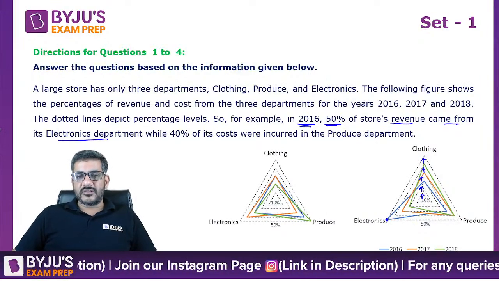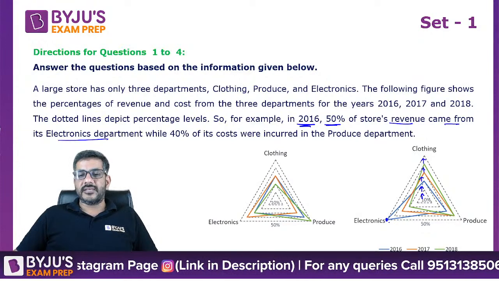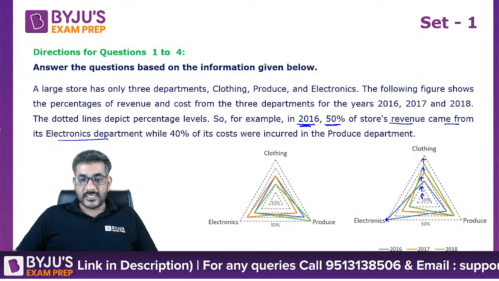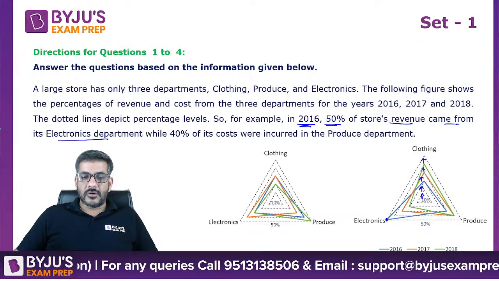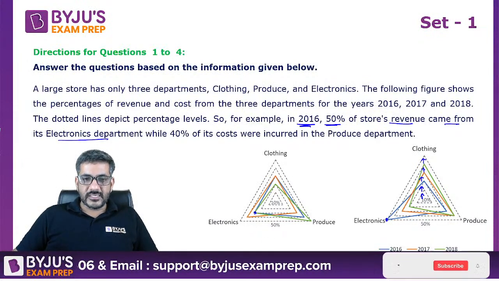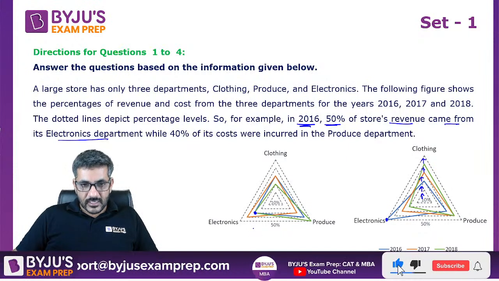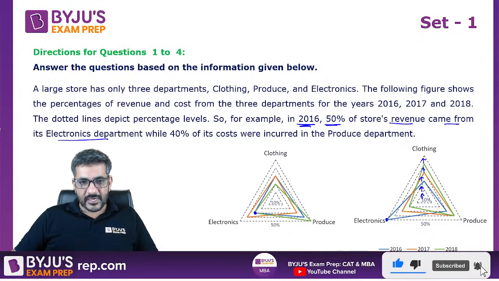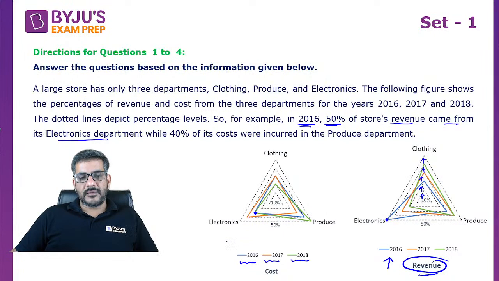Because electronics is on the outermost triangle, that means it is representing 50% of 2016. Whereas when we talk about costs in 2016, it is here, which is at what percent? Sorry, 2017 is 40%, and 2016 it will be 30%.